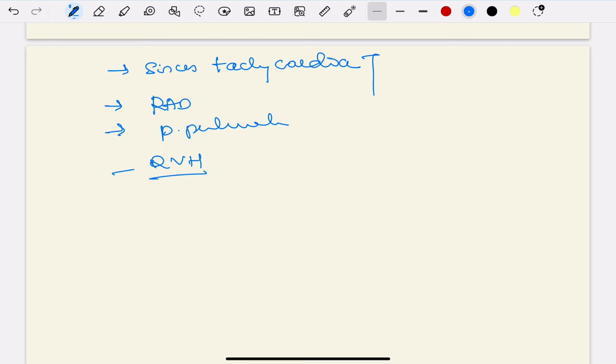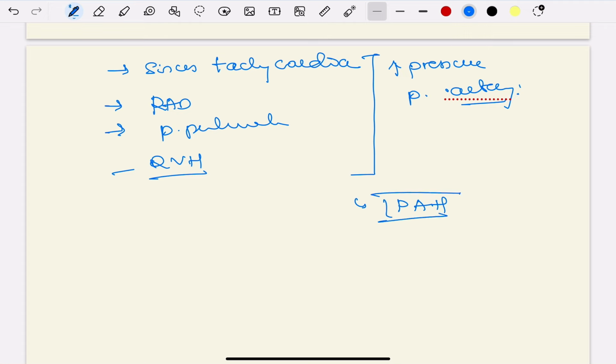These are all suggestive of increased pressure in the pulmonary artery. Pulmonary circulation pressure is increased, so these findings are evidence that there is increased pressure in the pulmonary circulation. So this leads to the diagnosis of pulmonary artery hypertension, PAH.